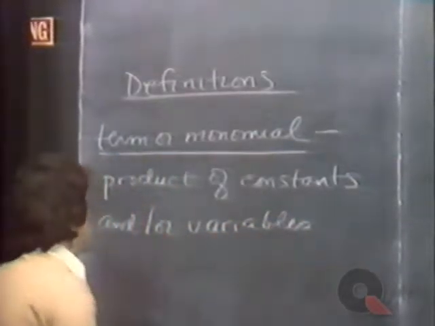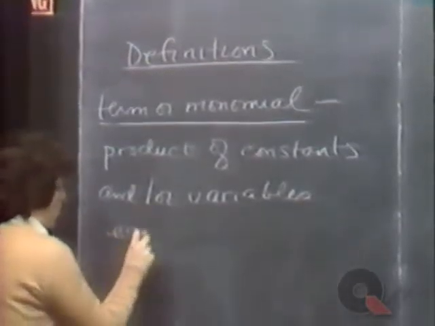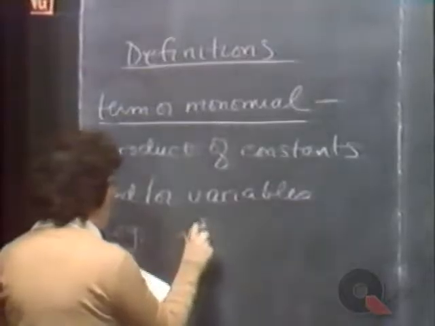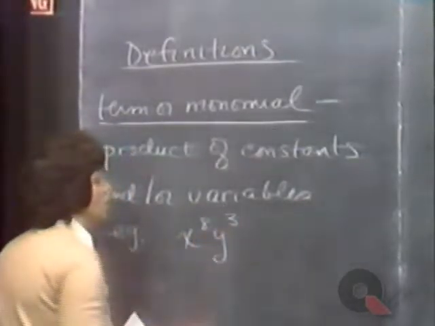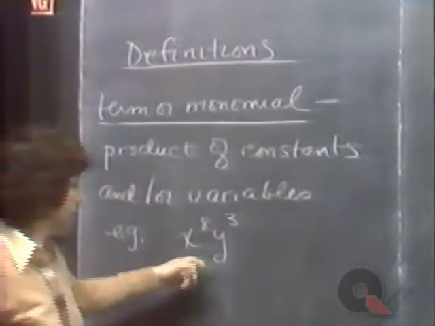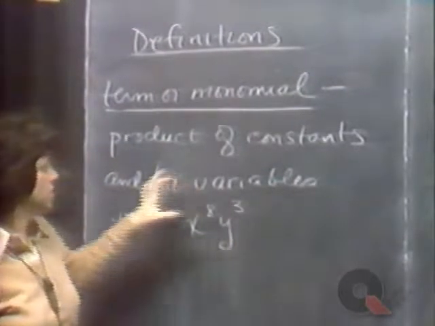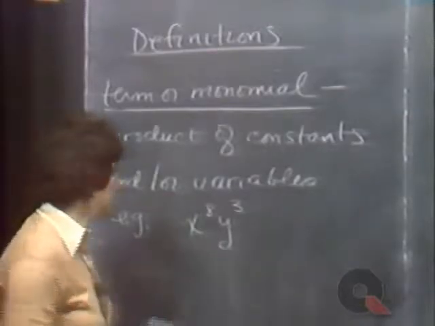Let me give you some examples. x to the 8th y cubed is a monomial. It's a product of x 8 times and y 3 times. It's a product of variables.